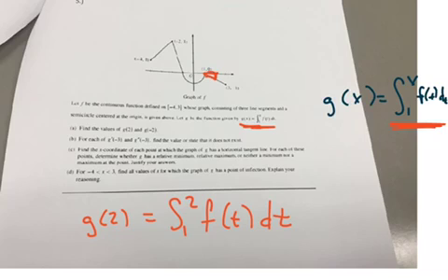Okay, clearly this is from 1 to 2, so we know that the base is 1. The height is what? Well, if you notice that this goes from 1 to 3, and then it goes down 1, right?